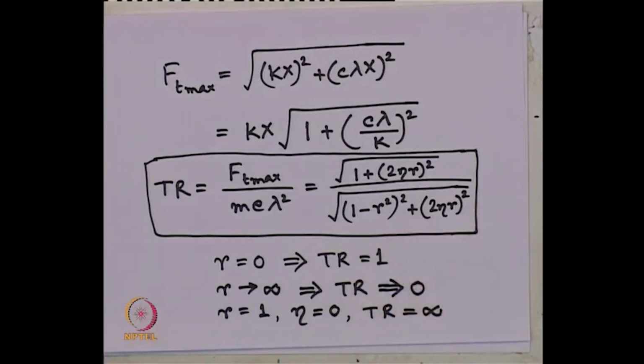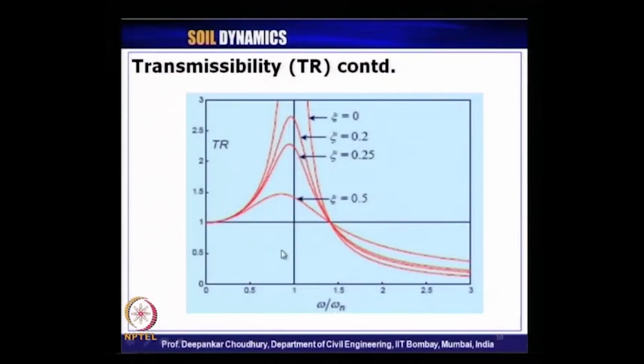So, let us look at the plot on this slide once again. You can see it starts from transmissibility ratio equals 1 when frequency ratio is 0, irrespective of the value of the damping ratio. For the undamped case, it goes to infinity at R equals 1, and for a damped system it attains a peak a little before R equals 1, that is, R a little less than 1.